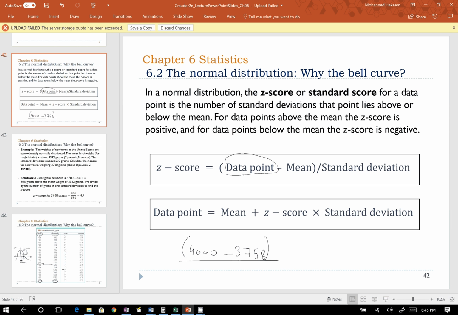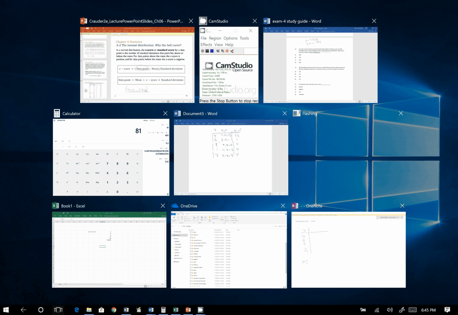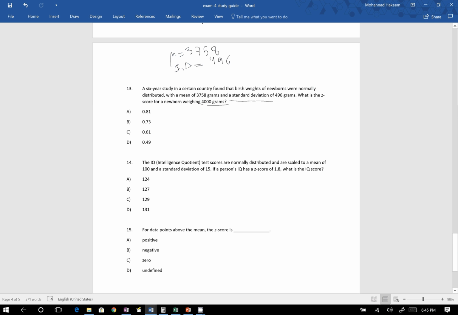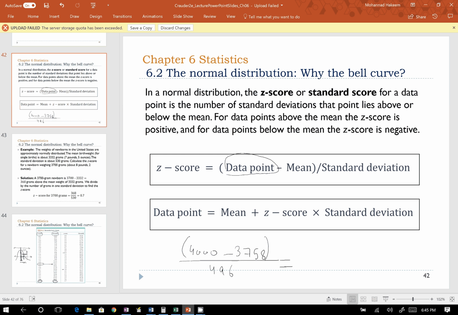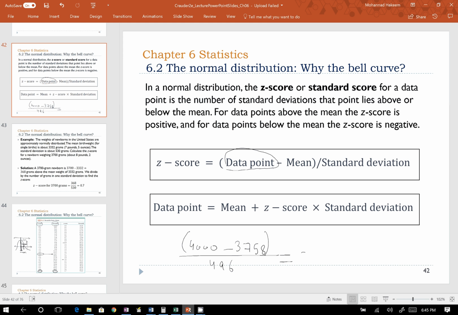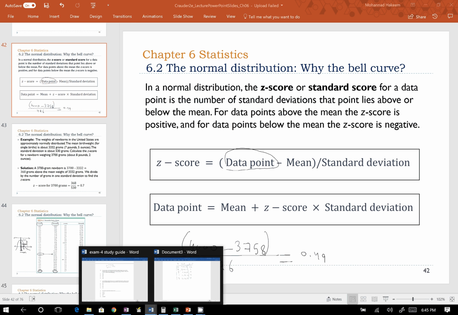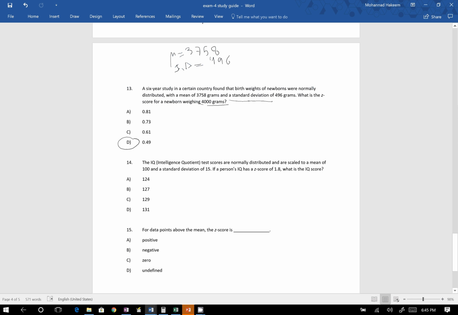Divided by my standard deviation in the problem, which was 496. So the answer, if I do the math, will be 0.49. So that's my answer, 0.49.